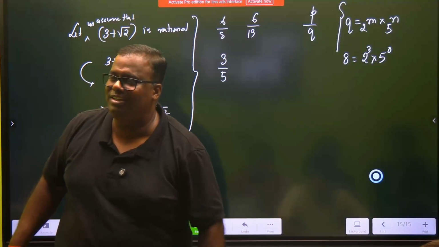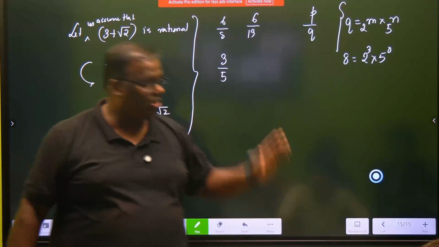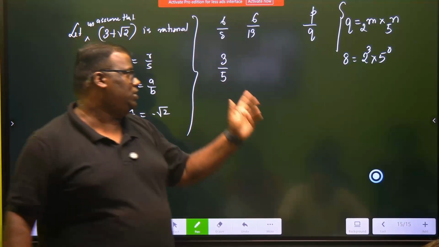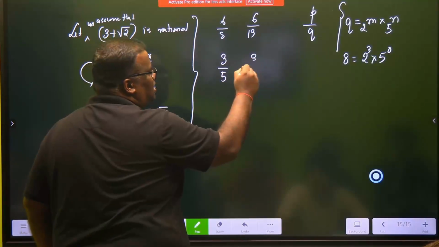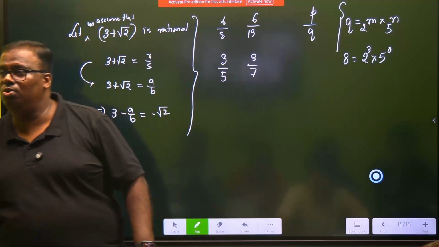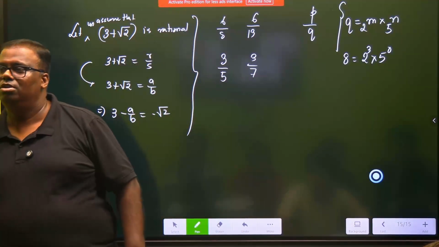So this will terminate. But if this number was 3 by 7, now it will not. 7 you cannot show as 2 to the power m into 5 to the power n.